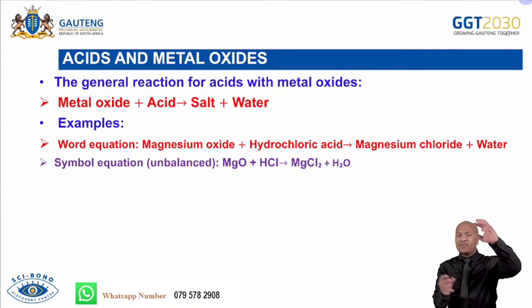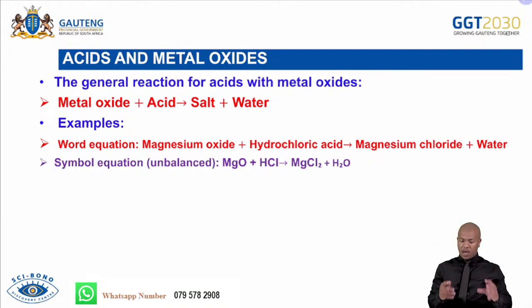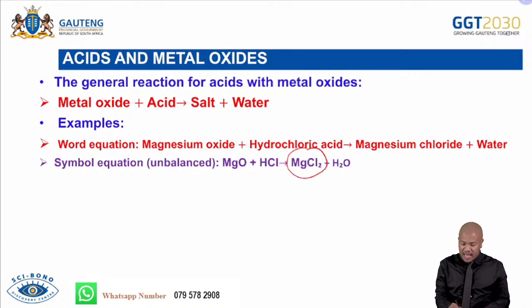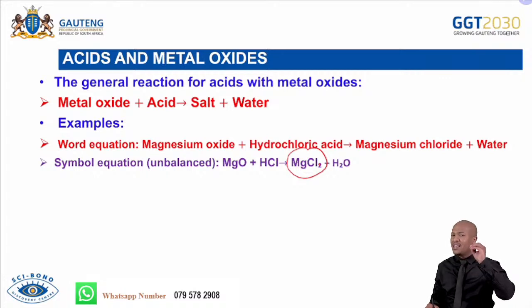Now the atoms have been rearranged, right? You find in this compound magnesium and 2 chlorine atoms. But in the first reactants, chlorine was with what? It was with hydrogen. So there's some rearrangement now. Chlorine is now found with what? With magnesium, which gives us magnesium chloride, which is a certain type of salt.